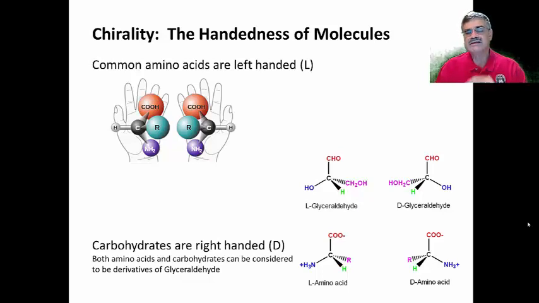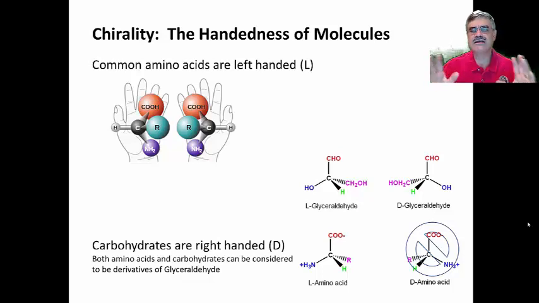But what is interesting is that while L-glyceraldehyde can be considered the parent of all amino acids, and therefore all amino acids are L, D-glyceraldehyde can be considered to be the parent of all carbohydrates, from glucose and all other carbohydrates. And just as there exists no D amino acids, or they are very rare, all carbohydrates are based on the D configuration, with only very rare exceptions of there being L or left-handed molecules.